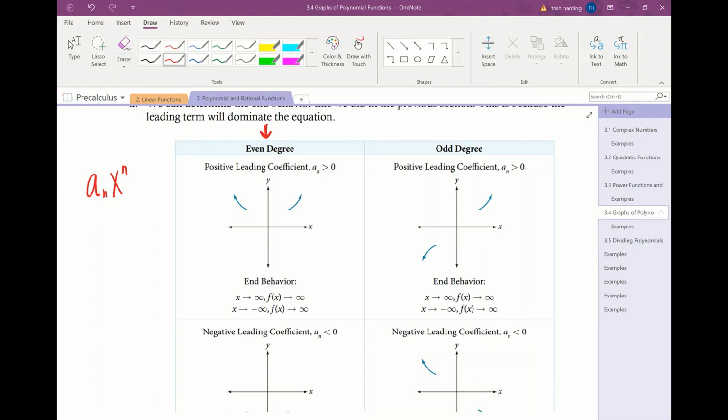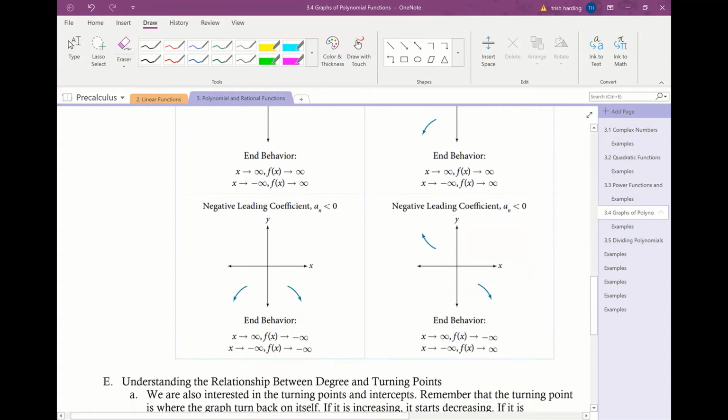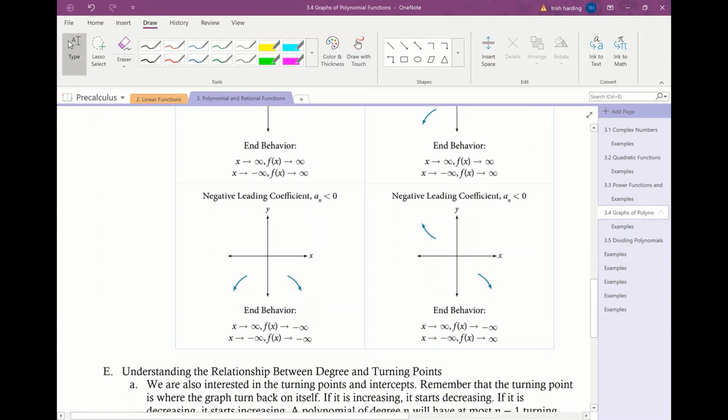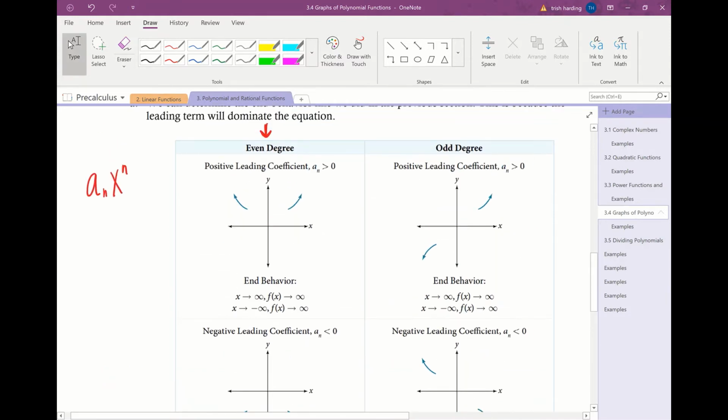Remember, both ends go up or both go down. They do the same thing. If the leading coefficient is positive, they're both going to go off in the positive direction, just like we learned for power functions. If the leading coefficient is negative, they will both go off in the negative direction, just like we learned for power functions.